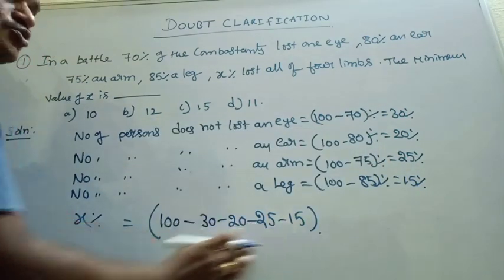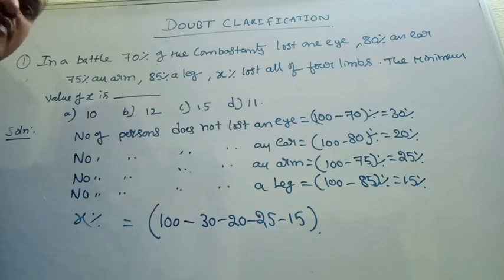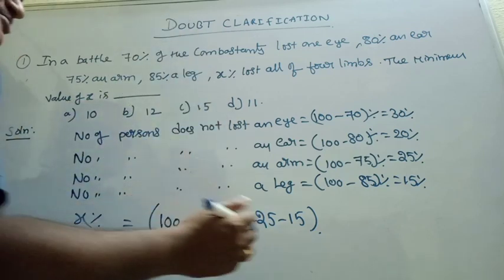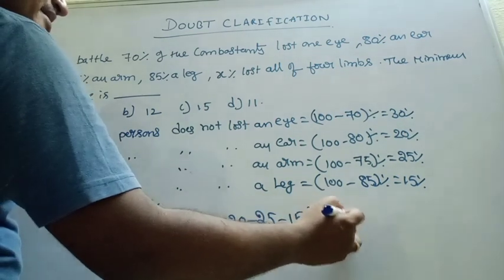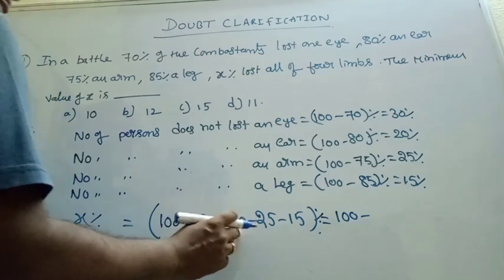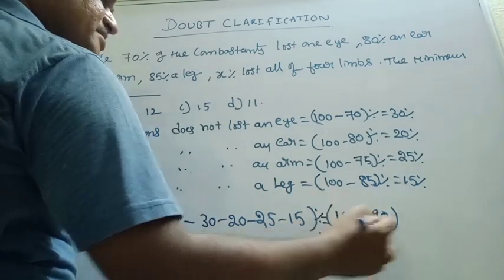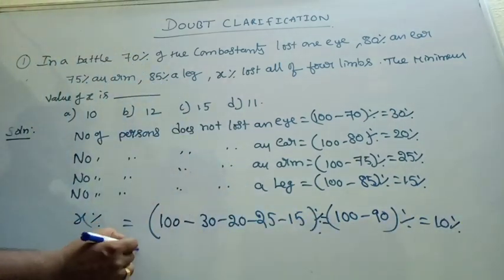If we subtract those all, then the remaining is nothing but those who lost all the four limbs, and that becomes the minimum value. That is 100 minus 90%, that equals 10%. Therefore, the minimum value of X is 10.